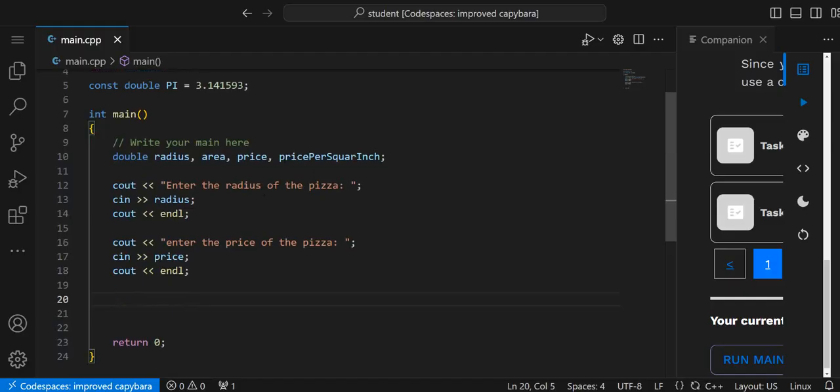Alright. Finally, let's go area equals pi times radius times radius.